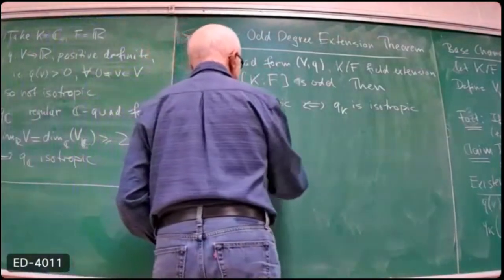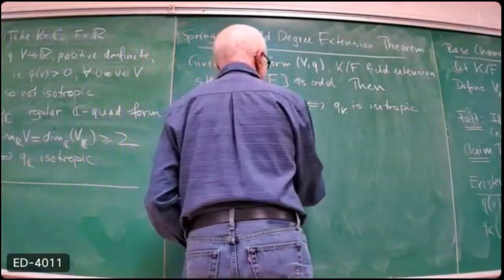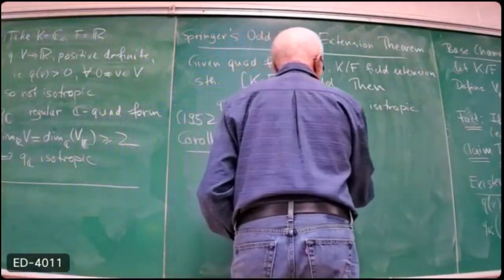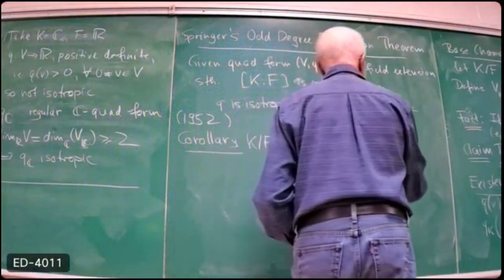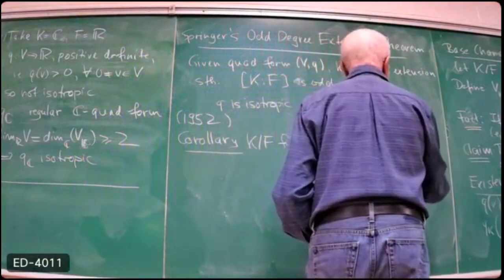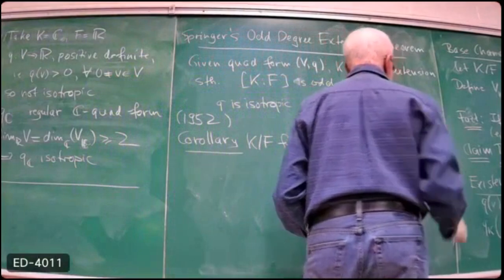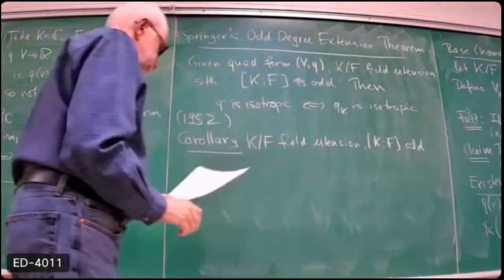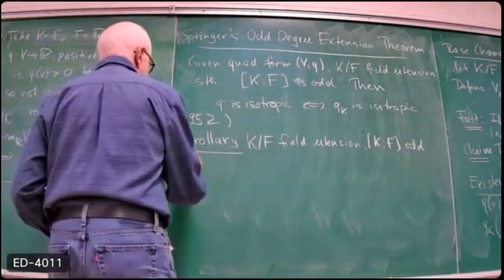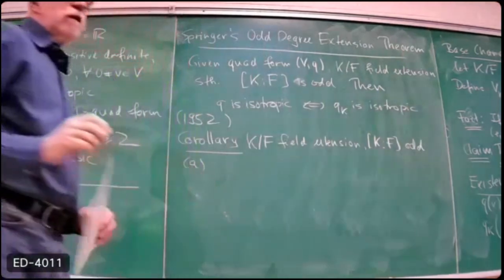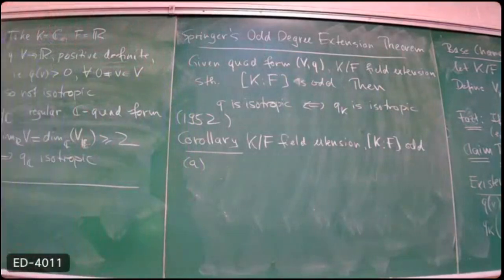So we take K over F a field extension, and we assume that its degree is odd. Now, question. You see, isotropy means, in fact, that there exists a non-trivial vector which is mapped onto zero.